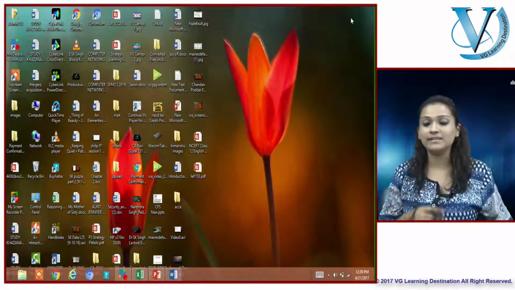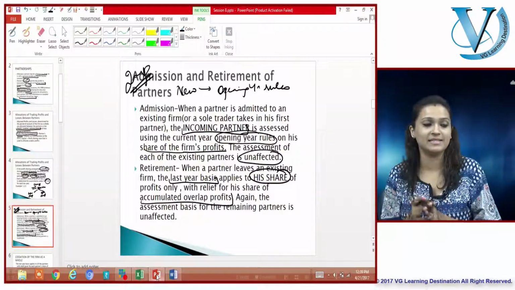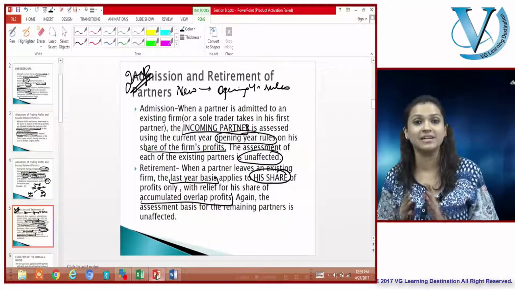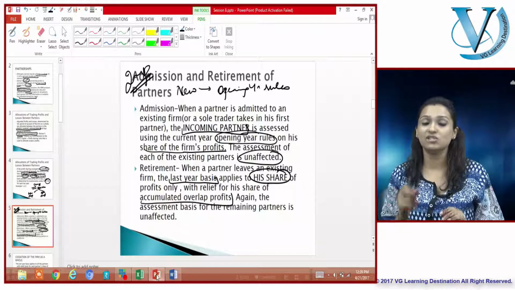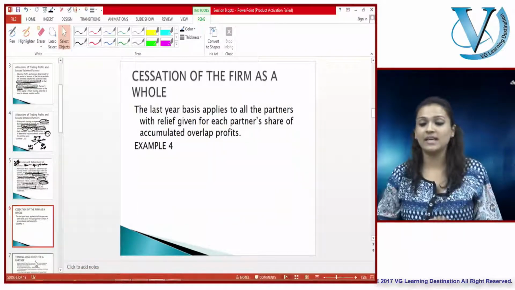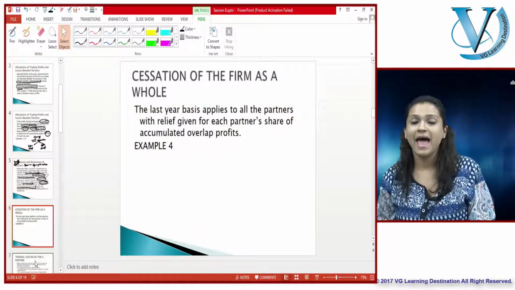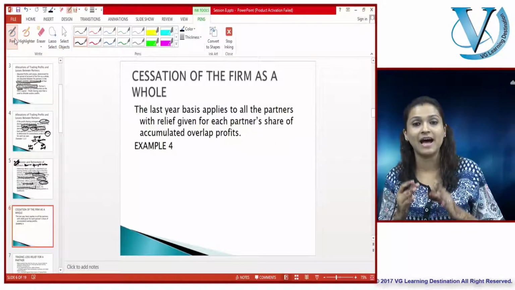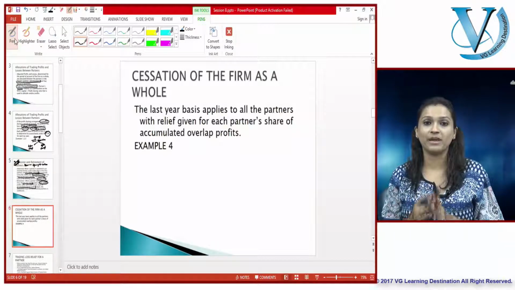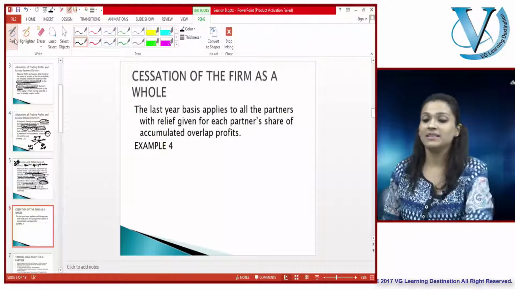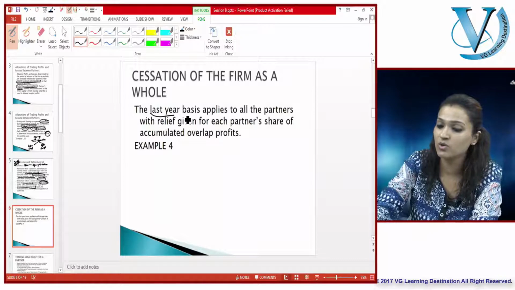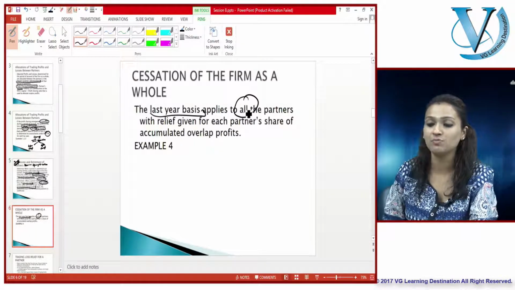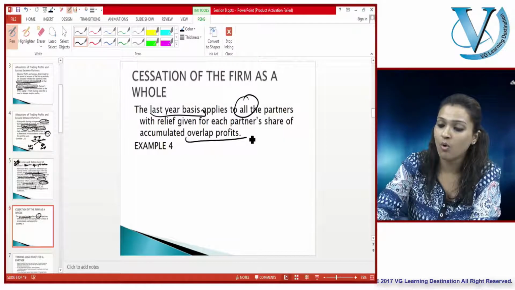Now, instead of just one or two partners ceasing to act as partners, what happens if the entire partnership is ceasing to trade? What happens in case of cessation of the firm as a whole? When the entire firm ceases to operate, the last year basis applies for all the partners, with relief given for each partner's share of accumulated overlap profits.